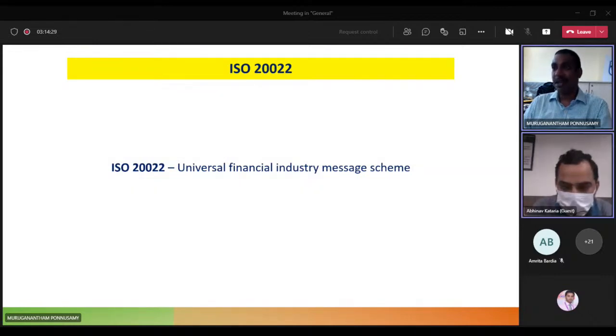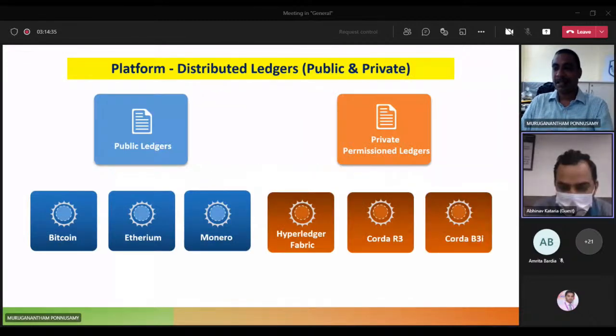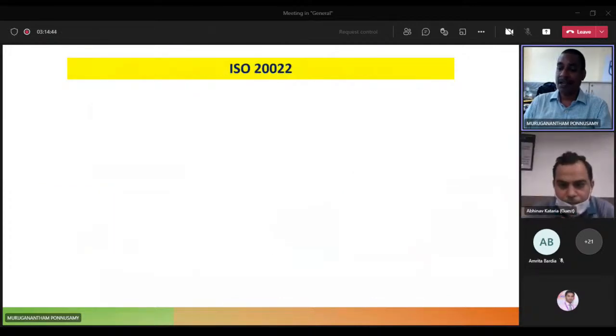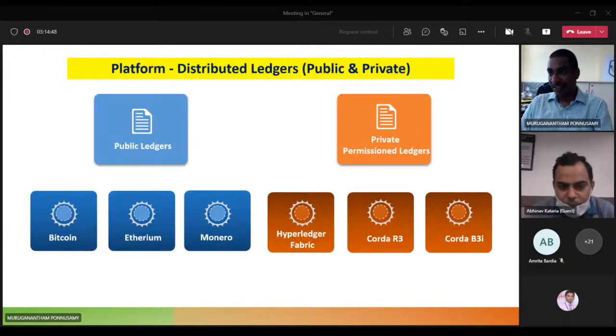And if you are asking about the platforms I showed in the previous screens, I hope you remember, if you have private permissioned ledgers organized by Hyperledger Fabric, Corda, or similar, then the validation will come quickly.